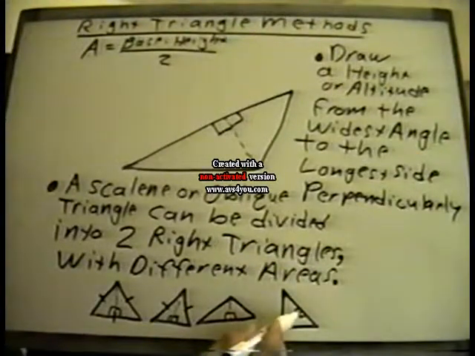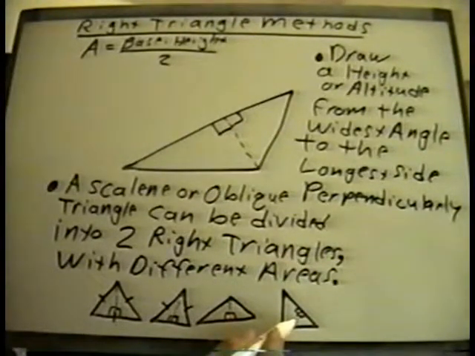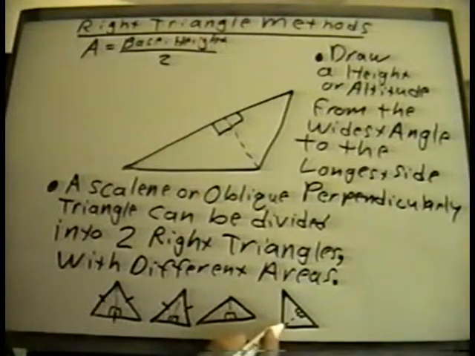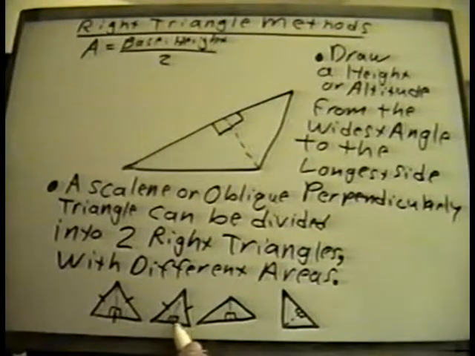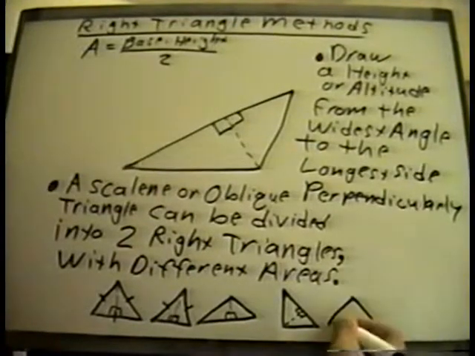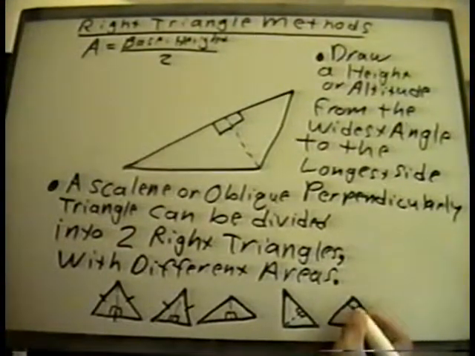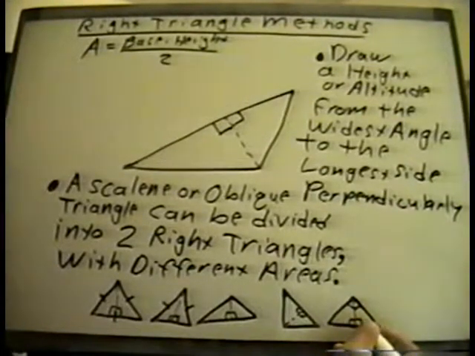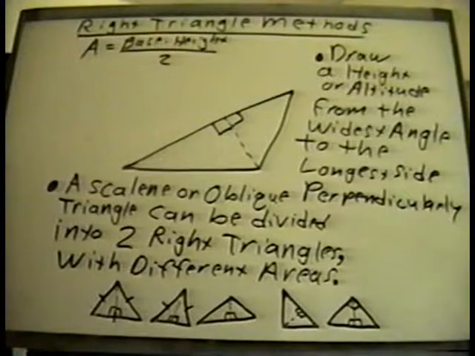So in the right triangle, you draw a straight line from its 90-degree angle to its hypotenuse, and you divide that into two right triangles, which are unequal, unless it's a right scalene triangle. And here we have a right scalene. You can also divide that into two equal right triangles.